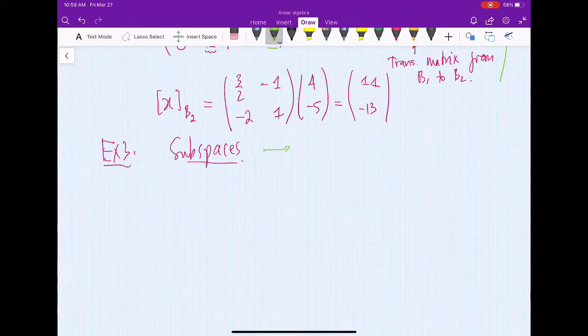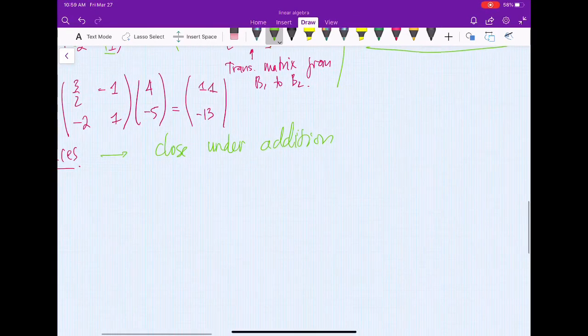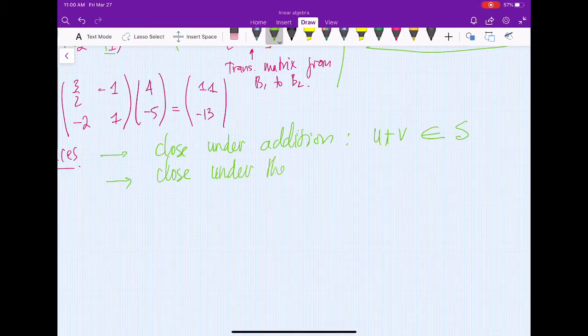The first one, this set should be closed under addition. What does it mean? That means you pick 2 arbitrary vectors u and v in S, you add them, and the sum is also in S. And this should be closed under the scalar multiplication.